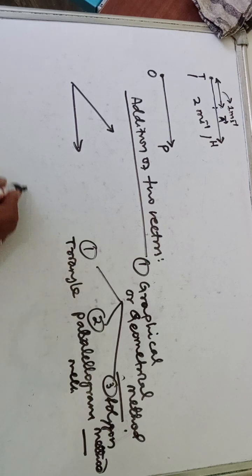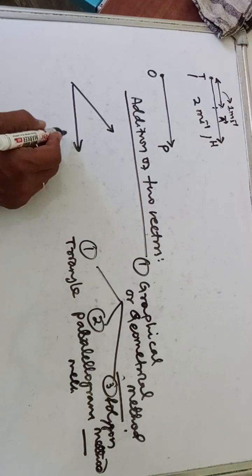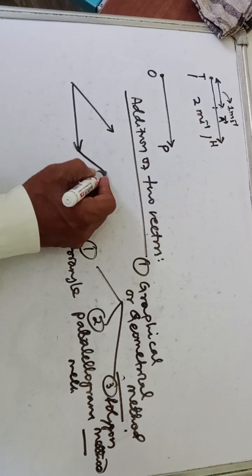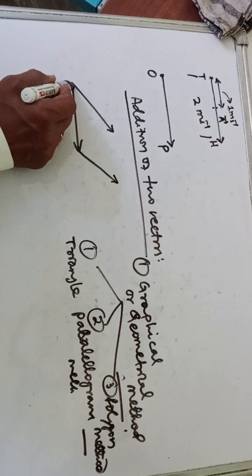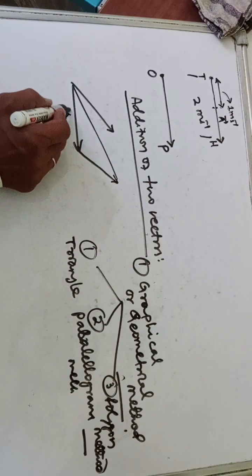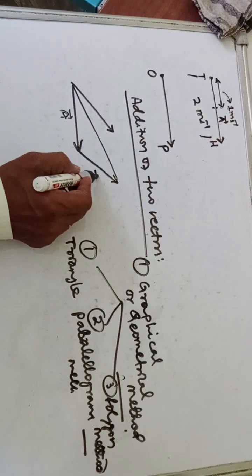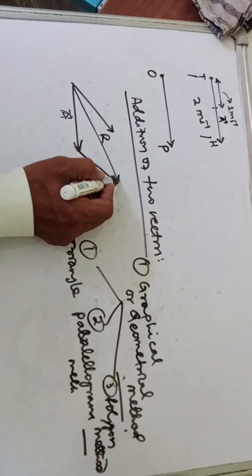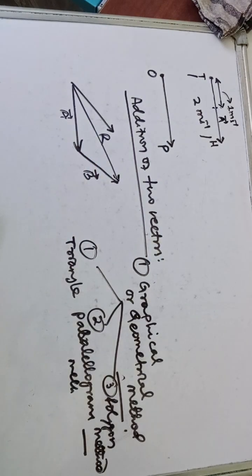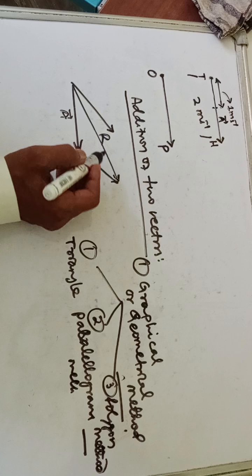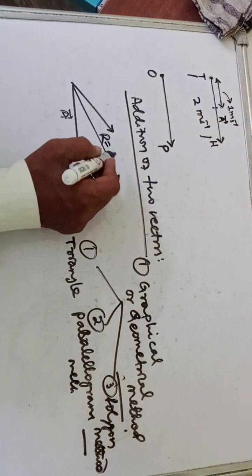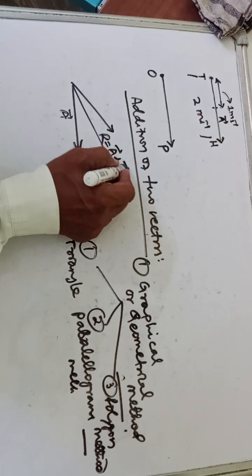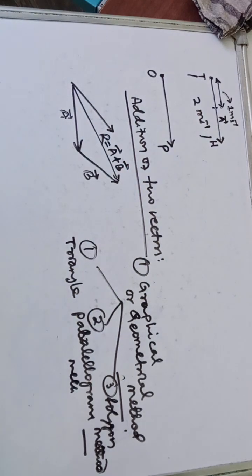Triangle method: if vectors represent two sides of a triangle, this is vector A, this is vector B, then the third side in reverse order represents the resultant of the addition of the two vectors.